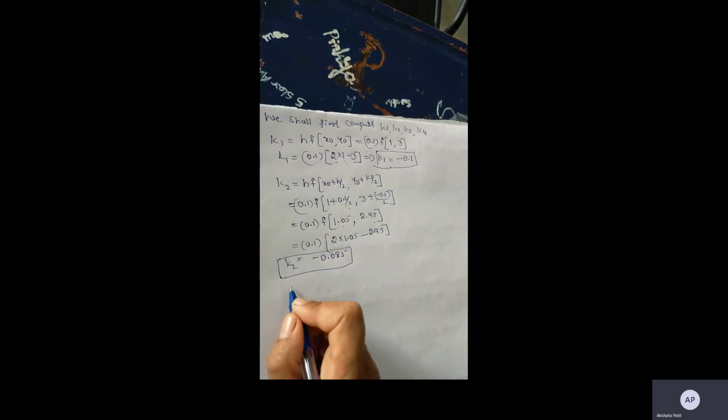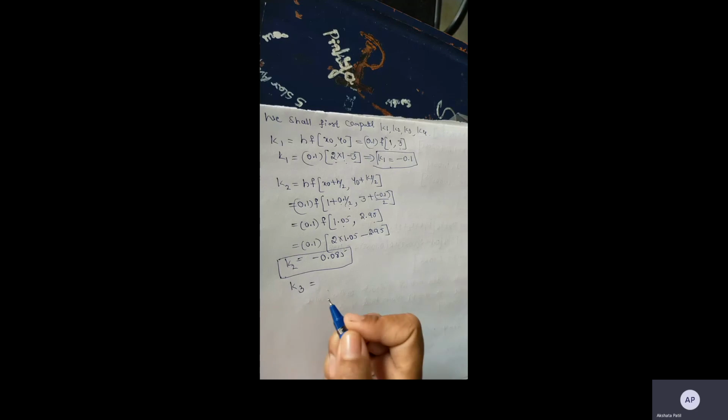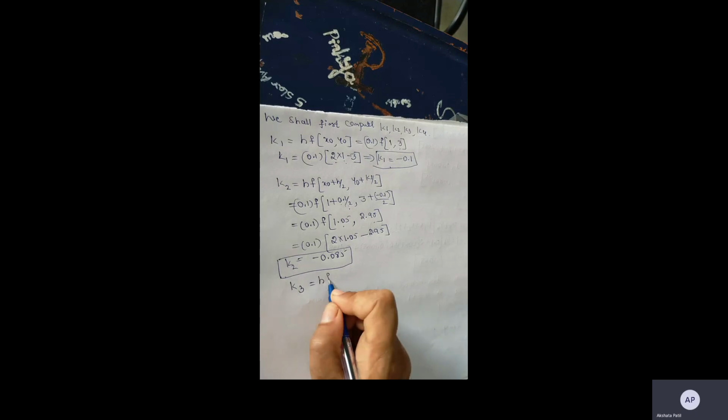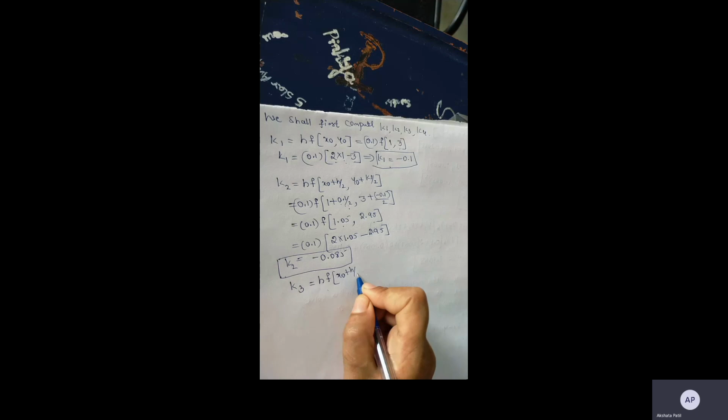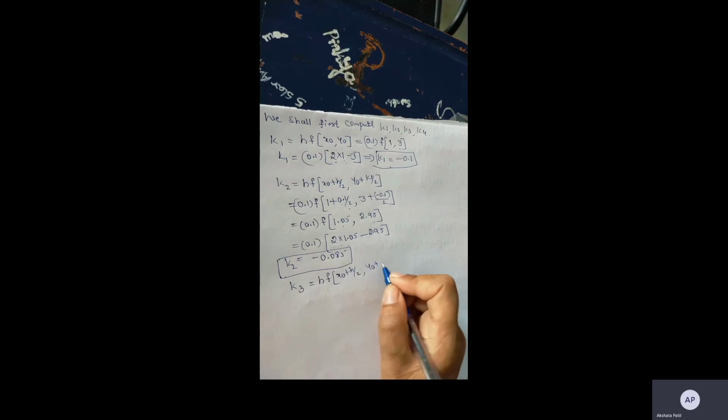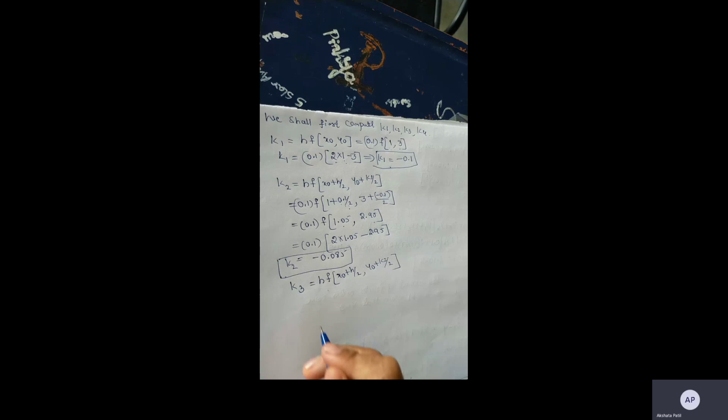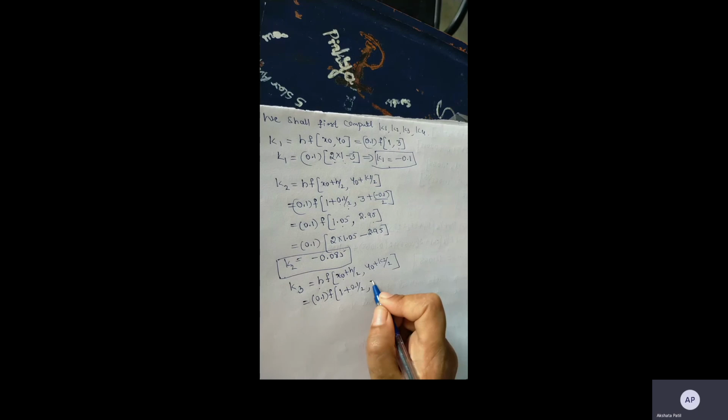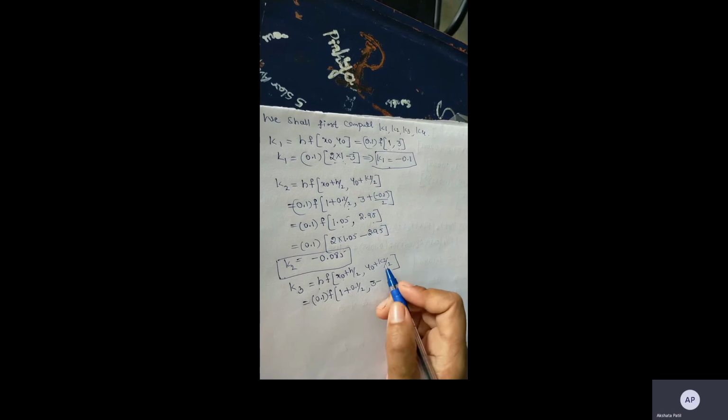After calculating k2, let us calculate k3. k3 equals h into the function of x0 plus h by 2 comma y0 plus k2 by 2. Substitute the values of h, x0, y0 and k2: 0.1 into the function of 1 plus 0.1 divided by 2 comma 3 minus 0.085 divided by 2.